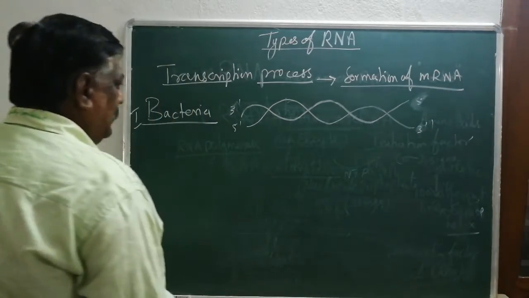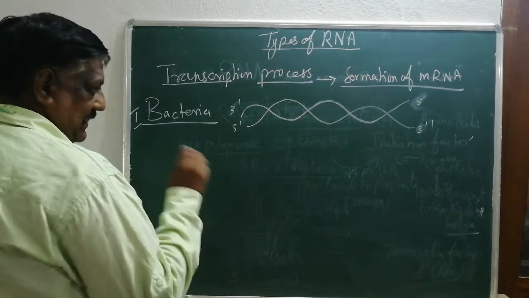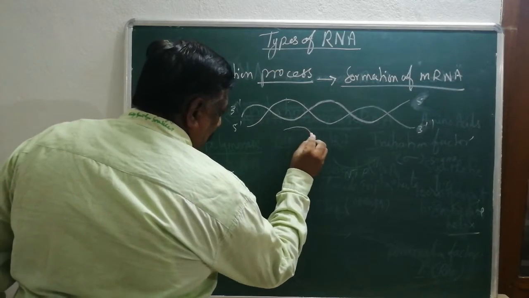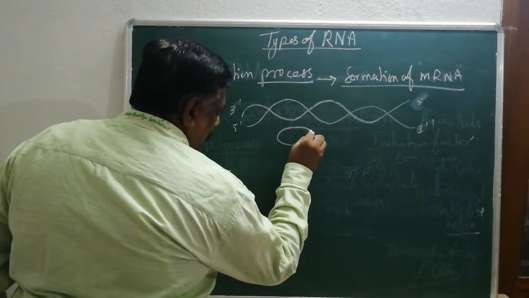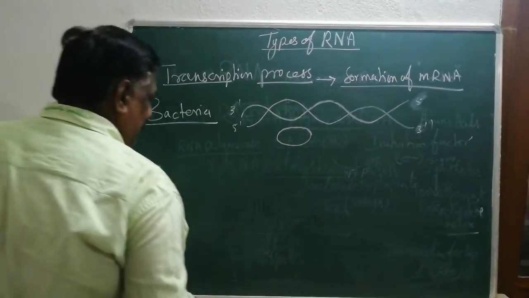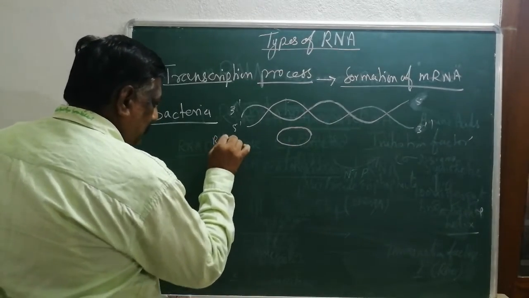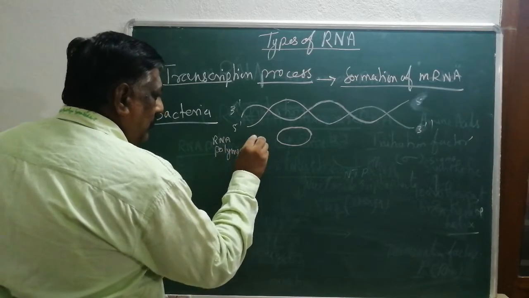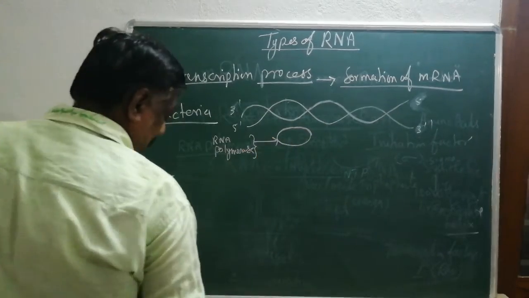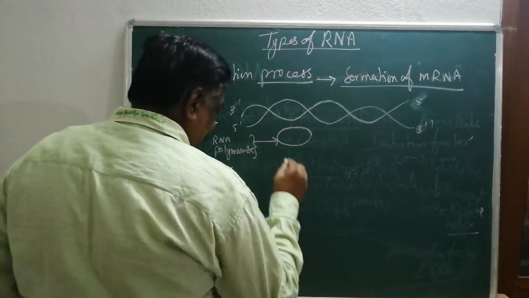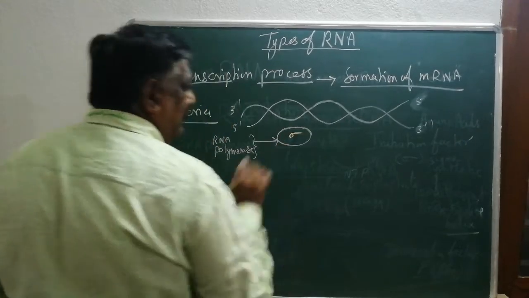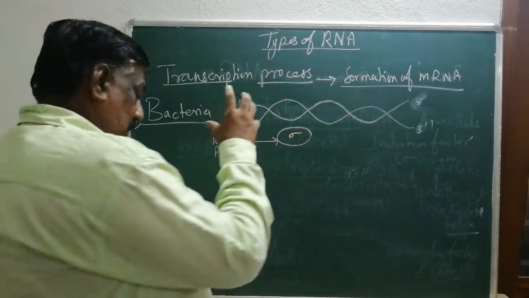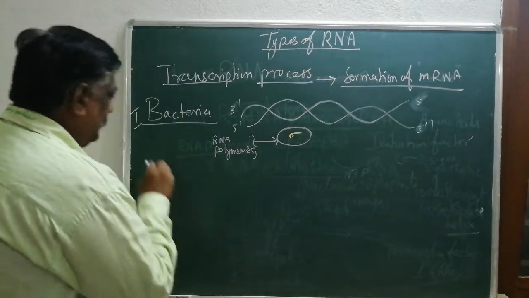Now we are going to see how the initiation, the first step, takes place. Okay, I will just draw here an RNA polymerase. This is RNA polymerase. It is connected with a factor, sigma factor. Now it's connected with the sigma factor. Now this is initiation.